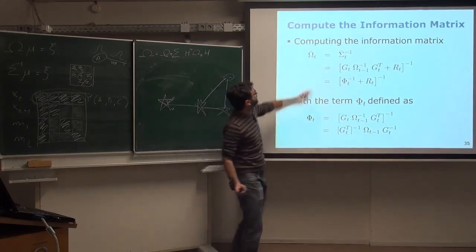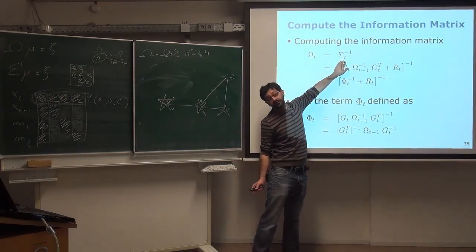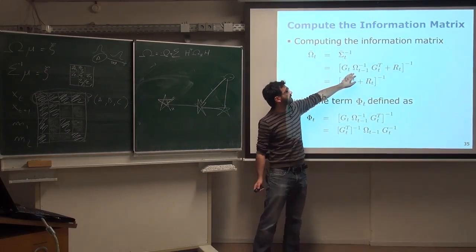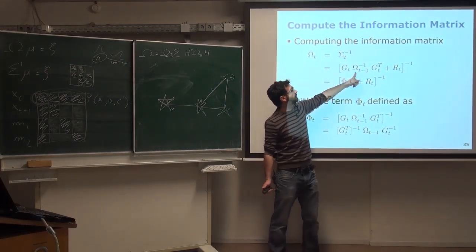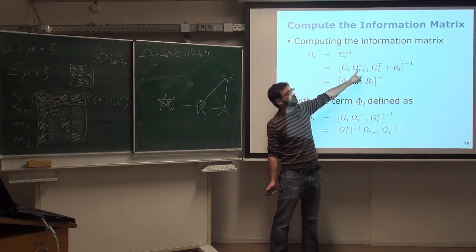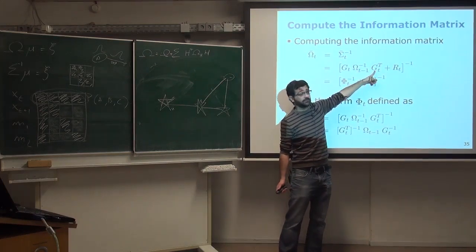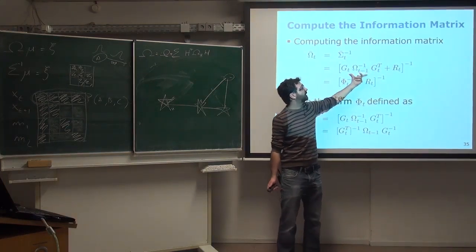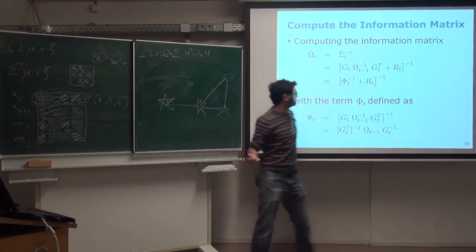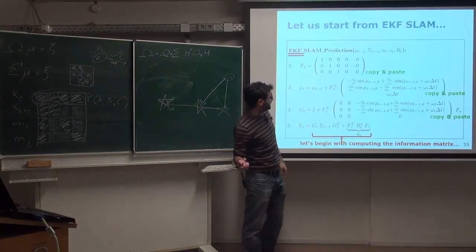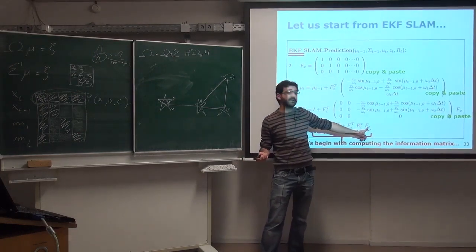The idea is that we need to compute omega, which we know is the inverse of sigma. We know that sigma is made in this way, so there is a G, a sigma, which we can also write as omega to the power -1, and another G, which is then the usual operation here, plus R_t. And R_t is actually done by F_x transposed, R_t very low dimensional, and F_x.